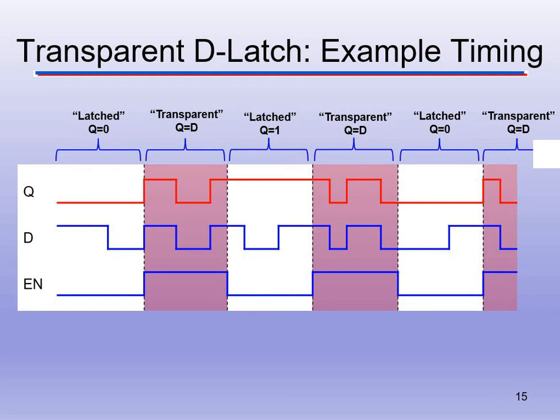Then when enable goes to 1, Q will follow D. So it's transparent: no matter what D is doing, Q is doing the same as D. Then if we turn enable off, Q will stay in whatever state it was in when we turned the enable off. So Q stays in 1. It's latched into the 1 position. So regardless of what D does, when enable is not turned on, Q is going to stay in whatever that state was. Then we hit enable again.